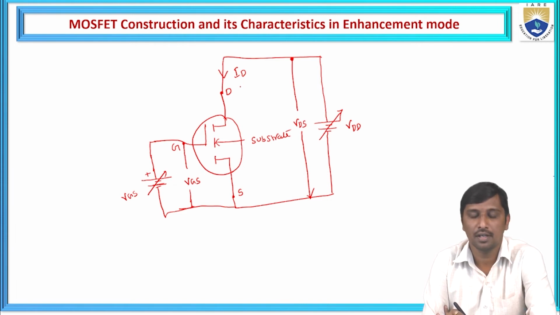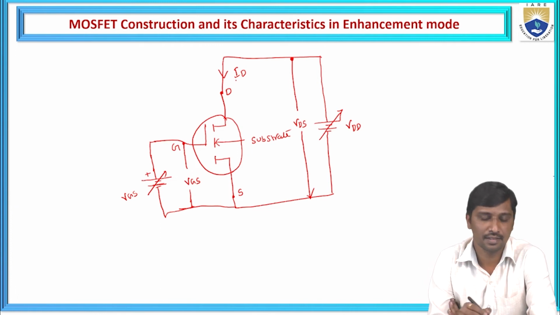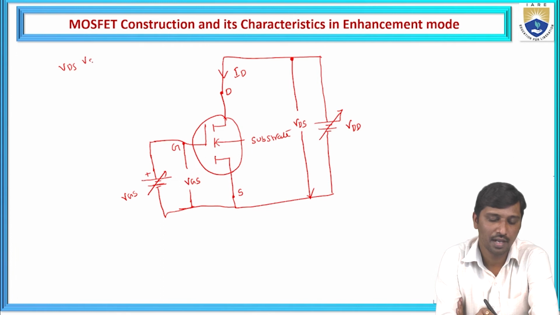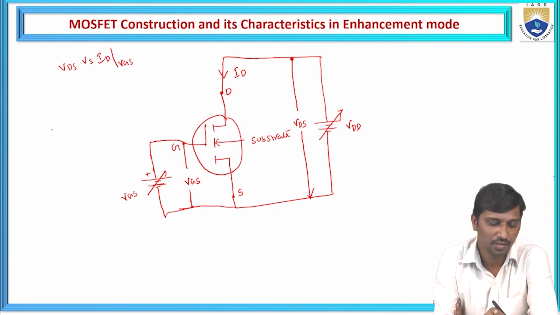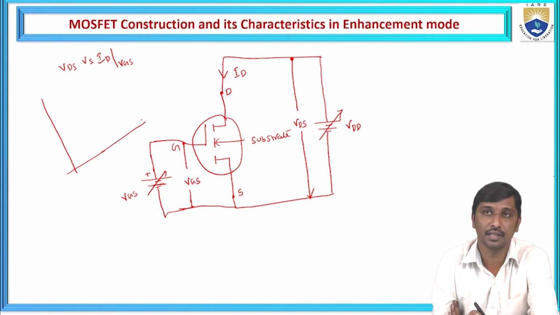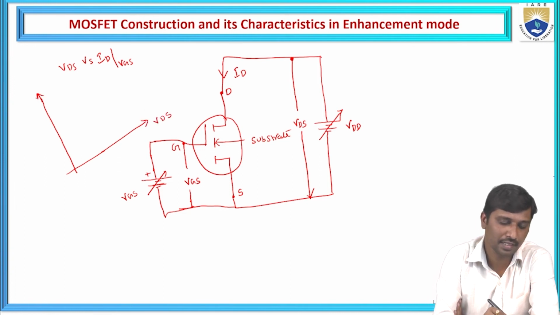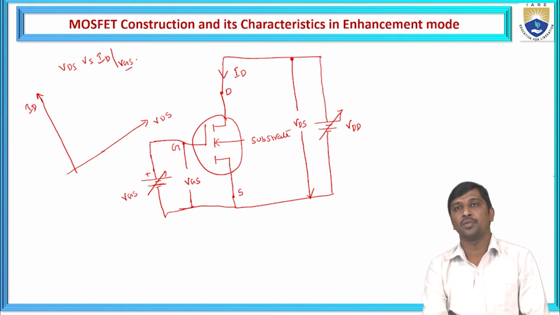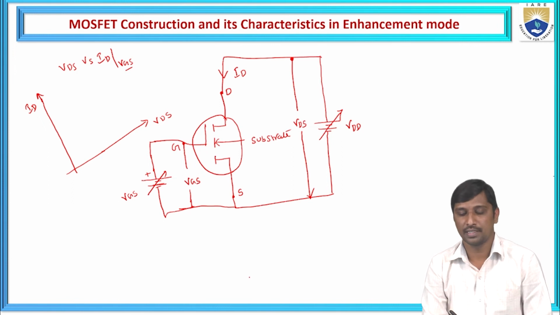Now we need to plot the drain characteristics, VDS versus ID, by keeping VGS constant. So while plotting this output characteristic, the x-axis is VDS and the y-axis is the drain current. Now we need to apply some amount of VGS voltage.